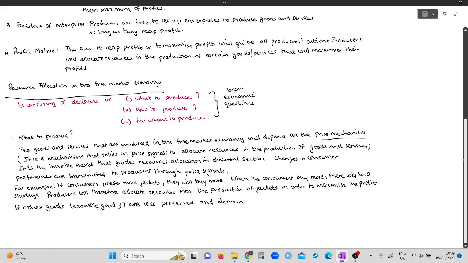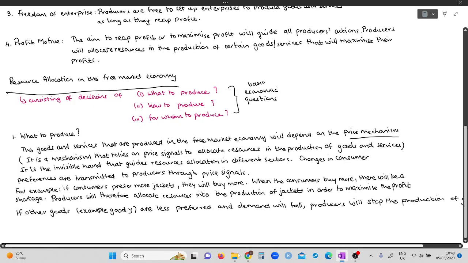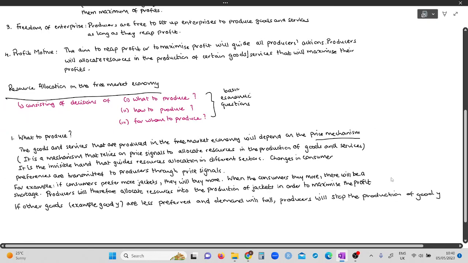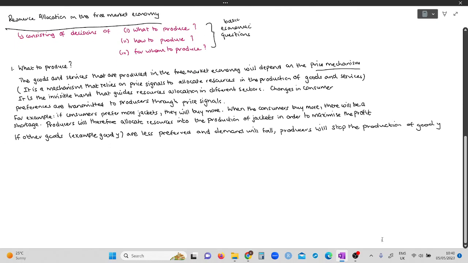Demand will fall. Producers, bien sûr, ils ne vont pas produire ce produit-là. Producers will stop the production of good Y. C'est une logique, ça. Consumers don't want it. D'accord? So this is the concept of the what to produce question in the free market system.